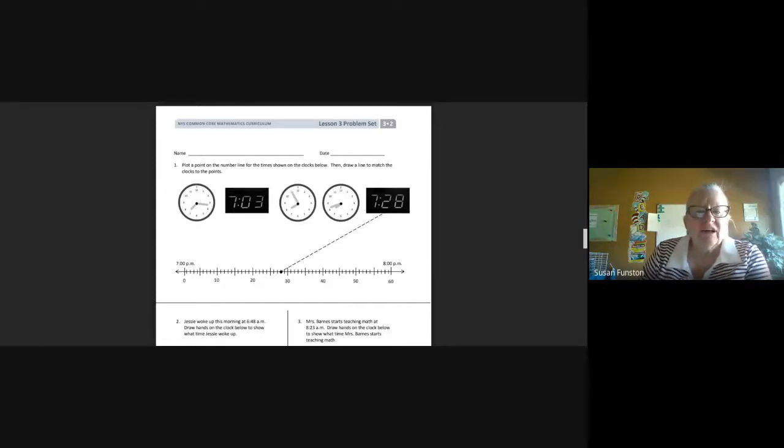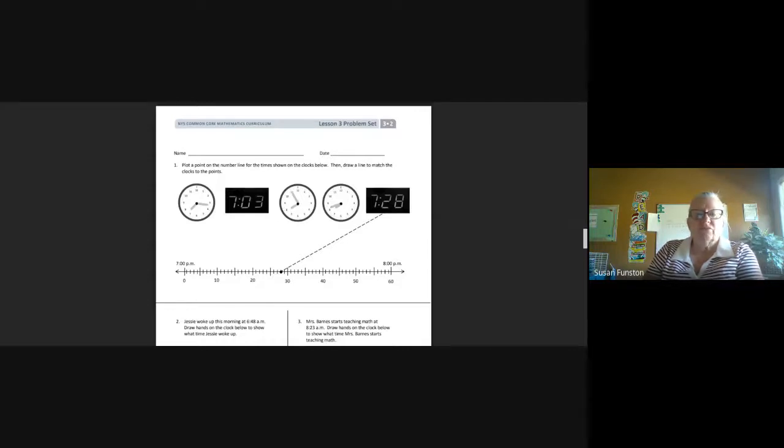And it looks like I've got 5, 10, 15, and 16, 17 minutes after 7. So here I'm going to look for 10, 15, 16, 17. So I'm going to make a dot right here. And then I'm going to draw a line to this clock.